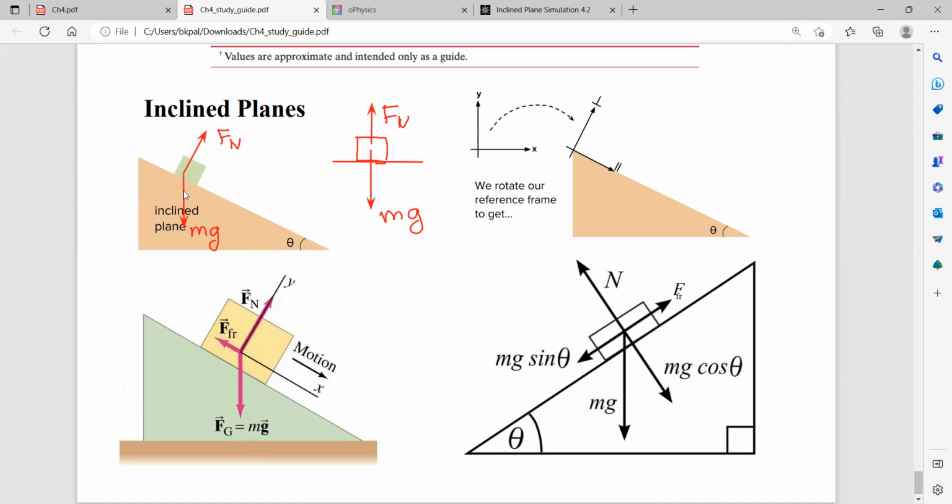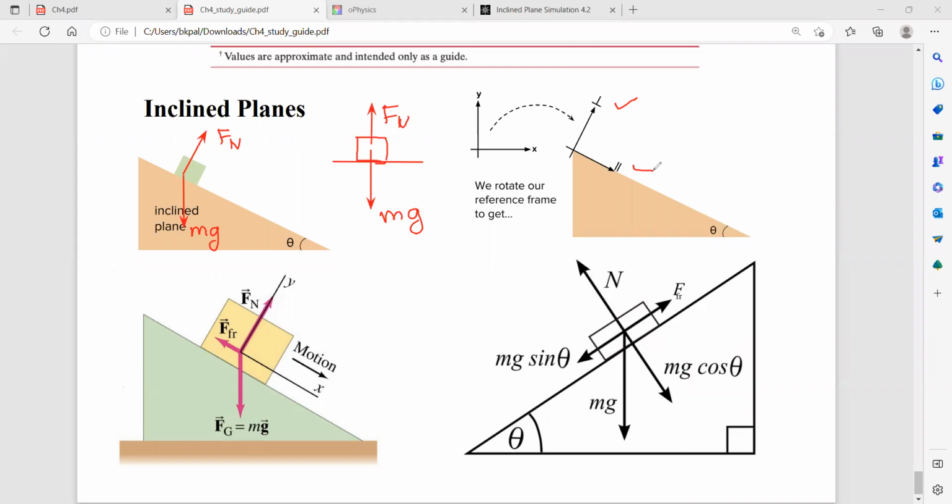Okay, so to make life a little bit simpler, we rotate our coordinate system, we rotate our reference frame. Okay, so something like this. So now our y-axis is perpendicular to the surface of the inclined plane, and the x-axis is parallel to the inclined plane.